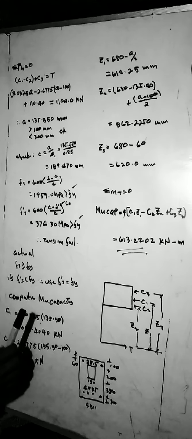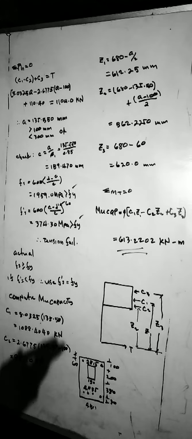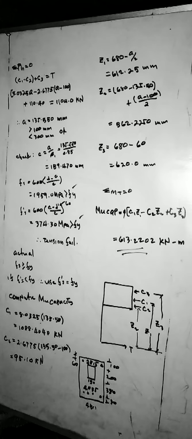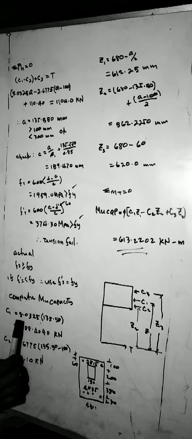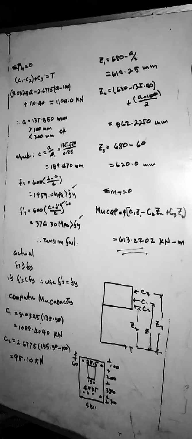So we now have to compute the moment capacity of the section. That is the letter A requirement. But we will first compute the forces C1 and C2. This is the equation from the previous slide.